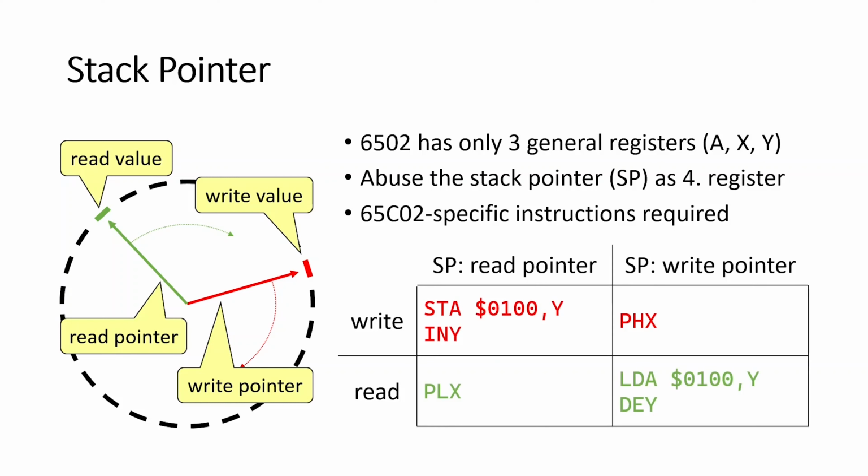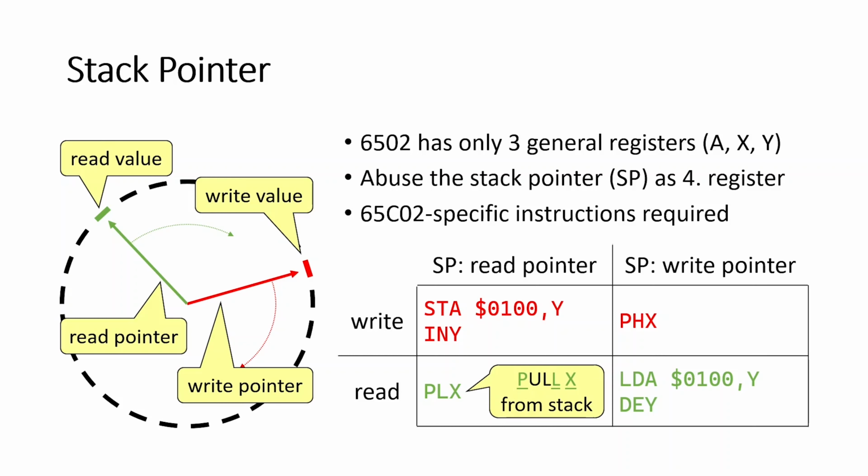You can either choose to use the stack pointer as the read pointer into the ring buffer. Then you write in the ordinary way and read via the PLX instruction, which is pull X from stack.